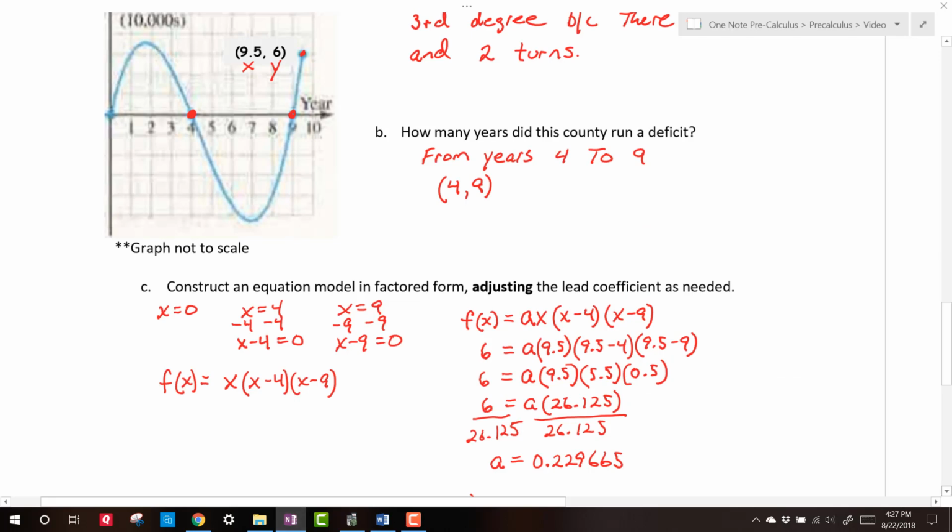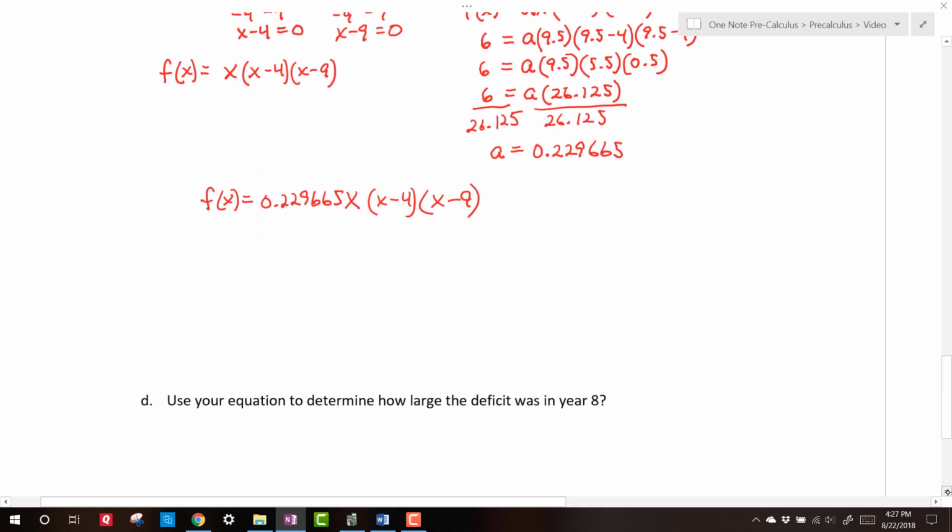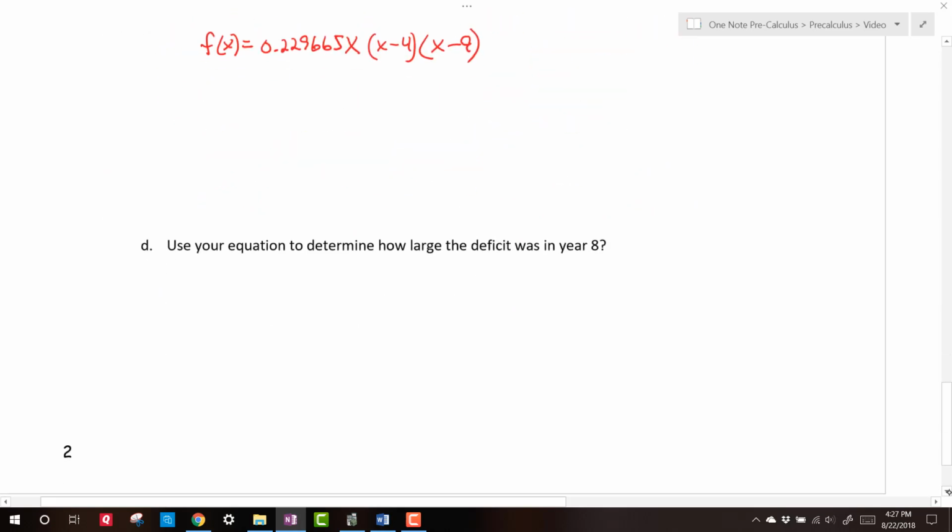All right? And now it says to use our equation to determine how large the deficit was in year 8. So according to my equation, f of 8 should equal 0.229665. And the reason I kept all those decimals is because if we round off too many of those, it's going to throw off our graph even more than you saw on Desmos there.